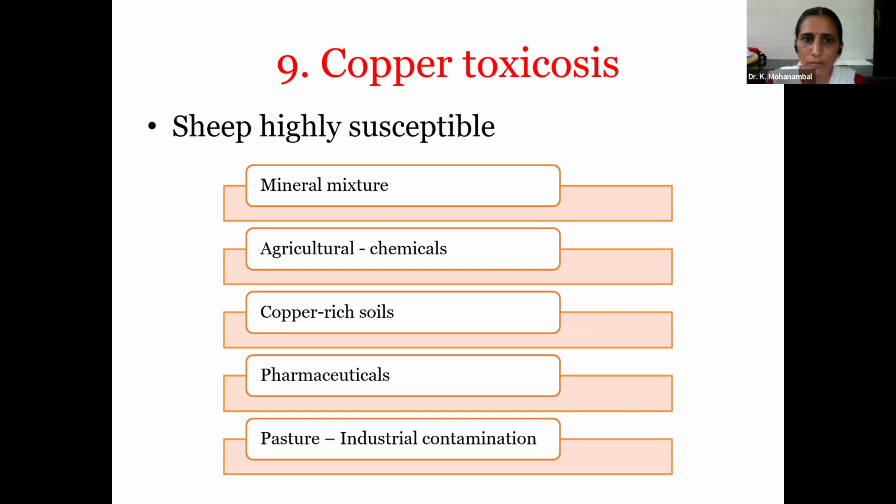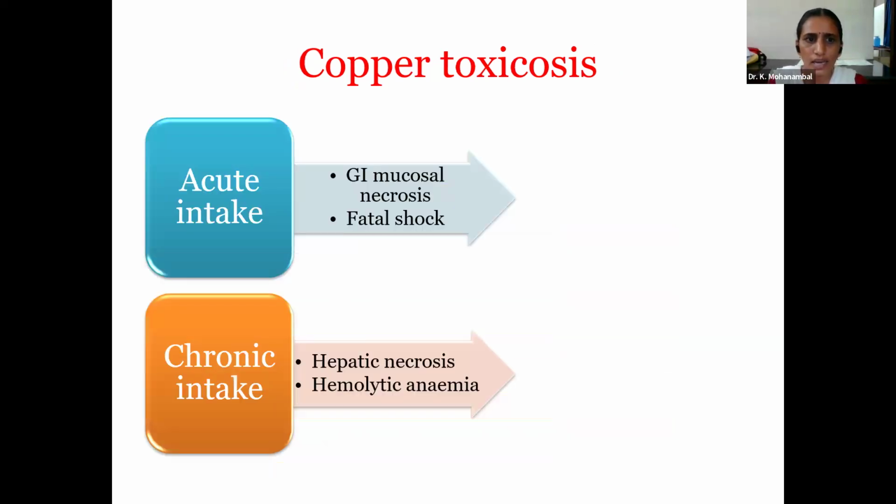Apart from mineral mixtures, there are agricultural chemicals, copper-rich soils, pharmaceuticals, pasture lands contaminated with industrial effluents containing more copper, and copper fungicides used on agricultural lands, which are all toxic to animals and cause copper toxicosis.